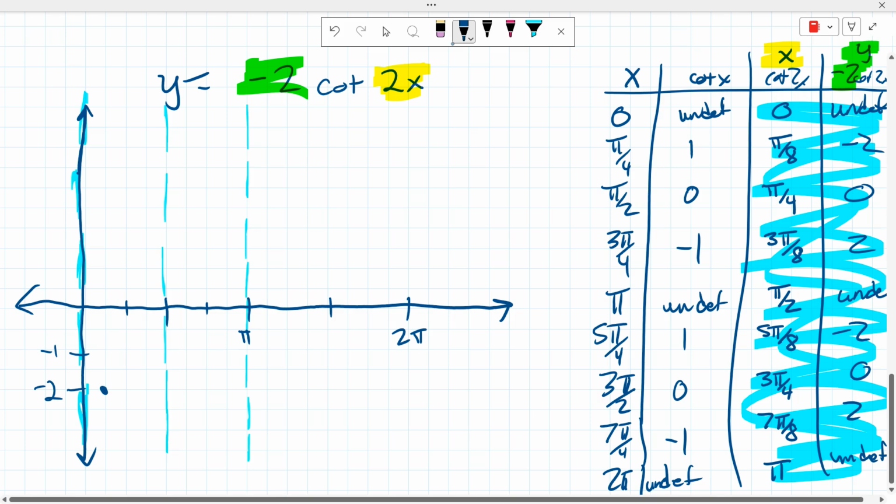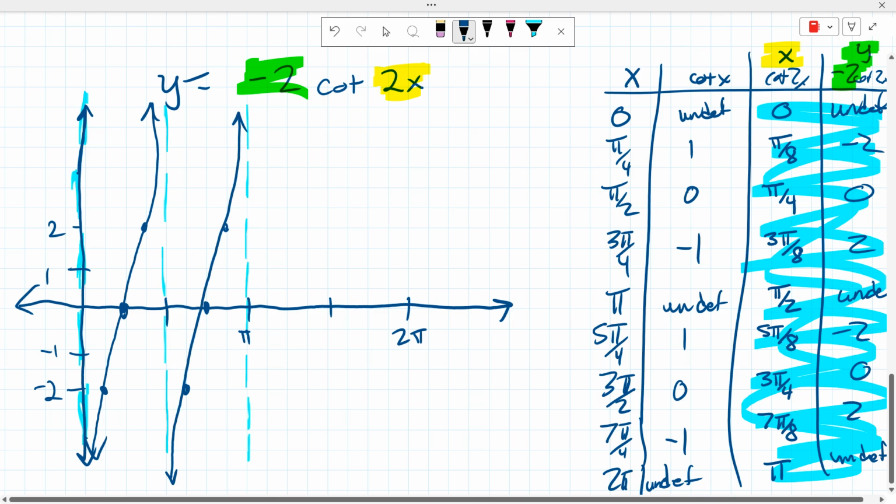At pi over 4, I'm going to be at 0. At 3 pi over 8, I'm going to be at 2. It's a very skinny graph. Looks like that.